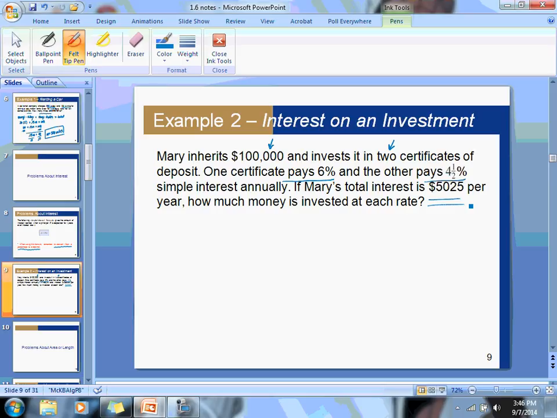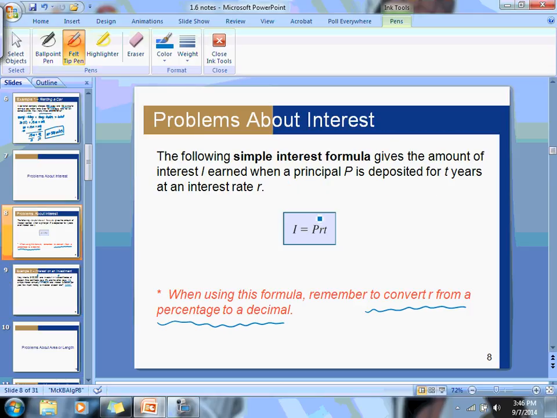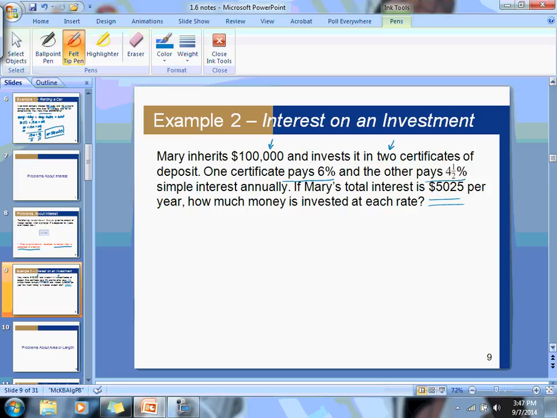So we really have 2 little parts going on here. We're still going to take the principal times the rate and the time, but that principal gets broken up. So how we have to think of this is that she has one account that's 6%.